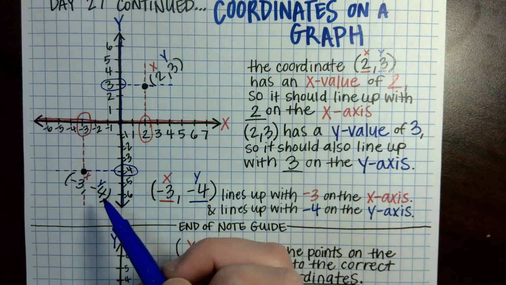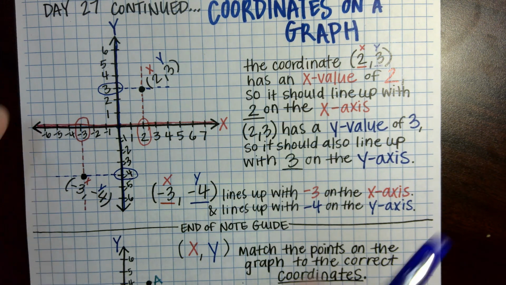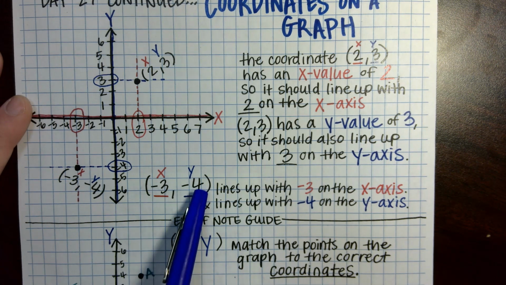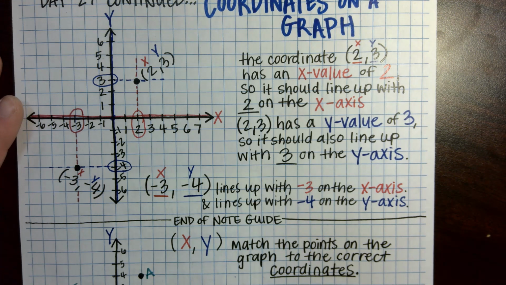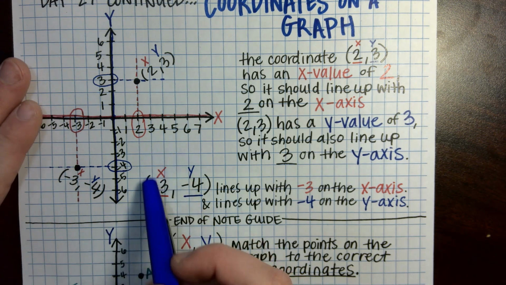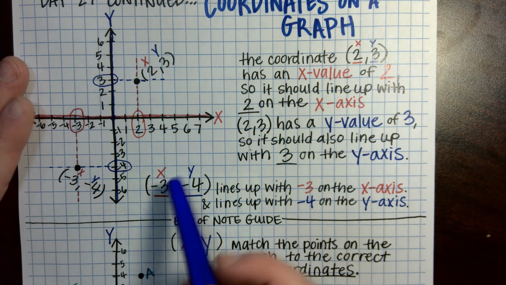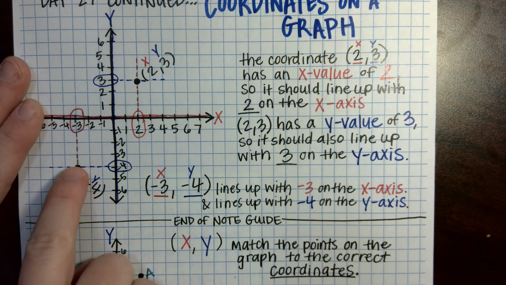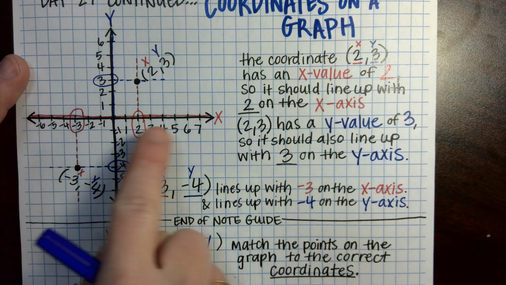So now we're looking at a coordinate that has negative values in it. My second coordinate I gave you was (-3, -4). Which number is the x value? Yes, our x value is -3 because it comes first. So that means our coordinate right here lines up with -3 on this x-axis.